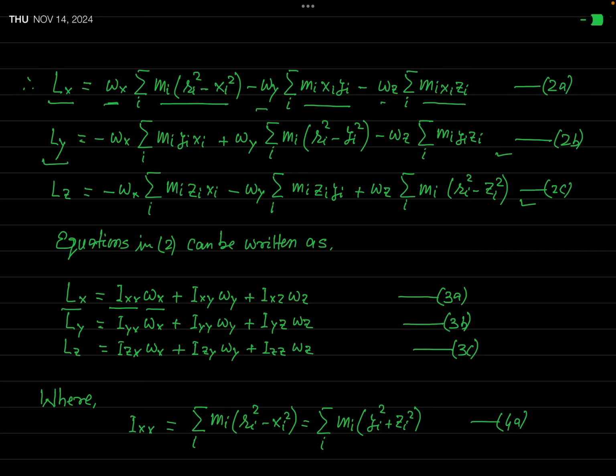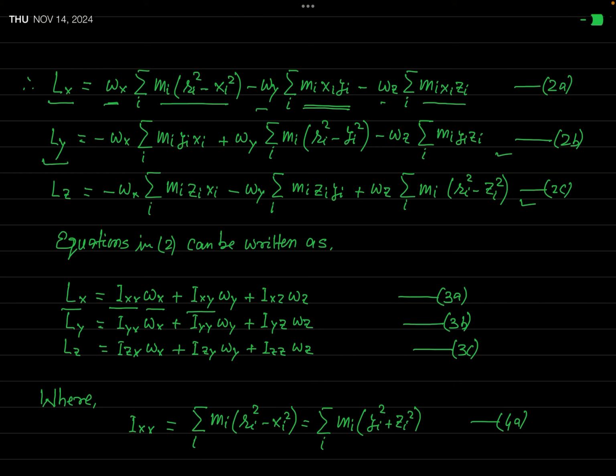Similarly, in the second term, the minus summation over i m_i x_i y_i has been written by the symbol I_xy. I_xy represents minus summation over i m_i x_i y_i.